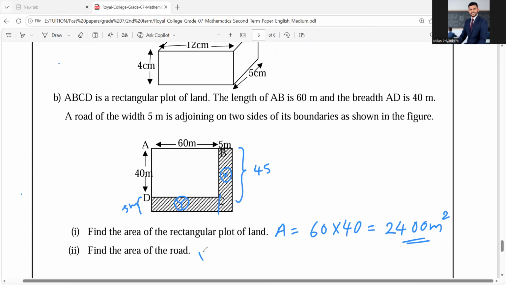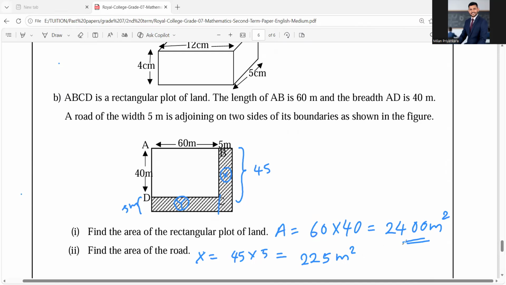Then the area of x is equal to length into breadth, 45 times 5. 5 into 5 is 25, 5 into 4 is 20, 20 plus 2 is 22. So 225 square meters.